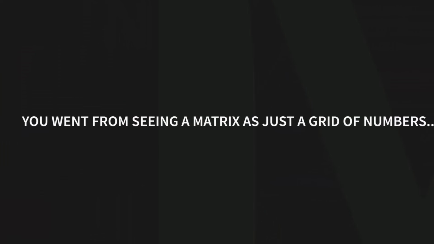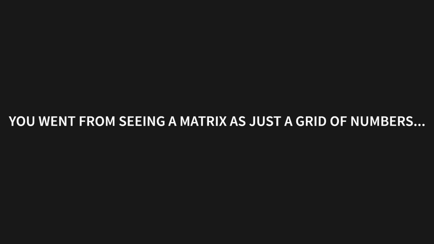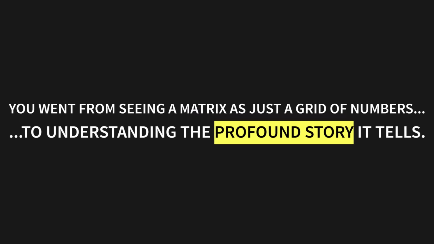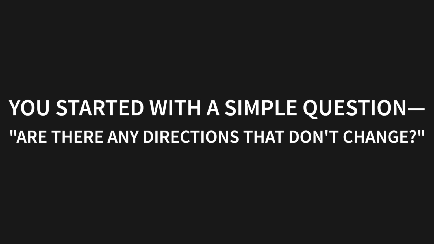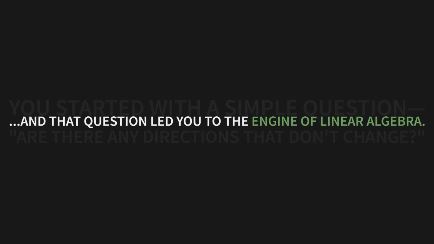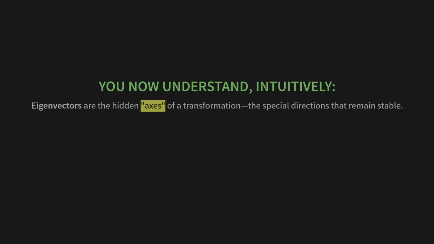You've made it. You went from seeing a matrix as just a grid of numbers to understanding the profound story it tells. You started with a simple question: are there any directions that don't change? And that question led you to the engine of linear algebra. So let's take a moment to realize what you now understand intuitively. Eigenvectors are the hidden axes of a transformation, those special directions that remain stable.